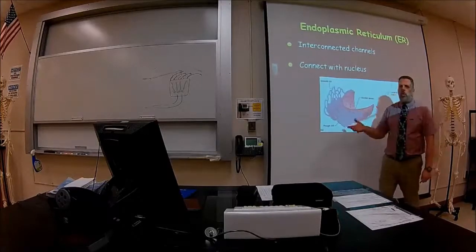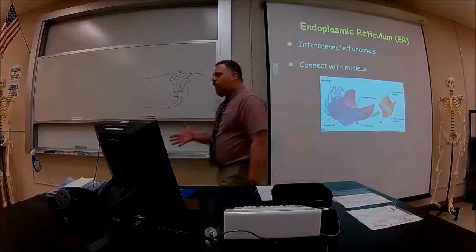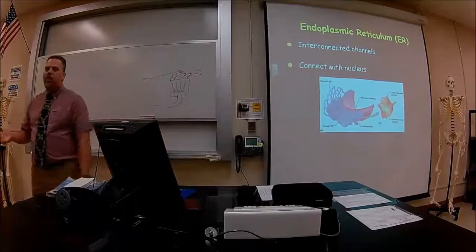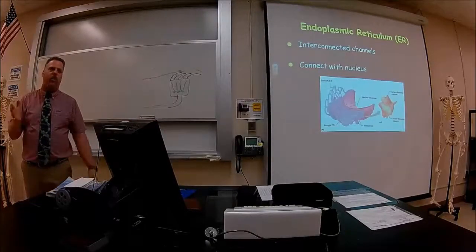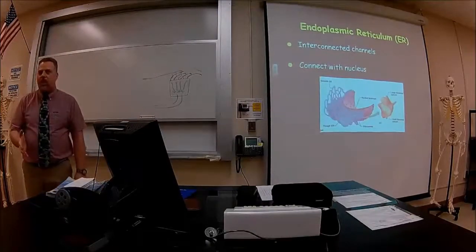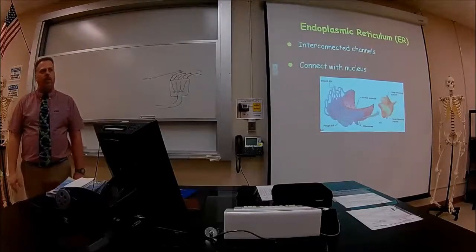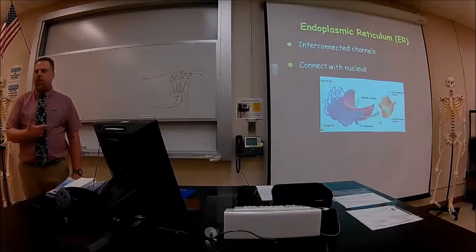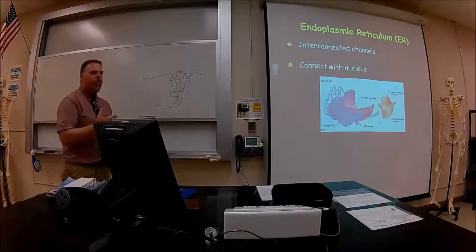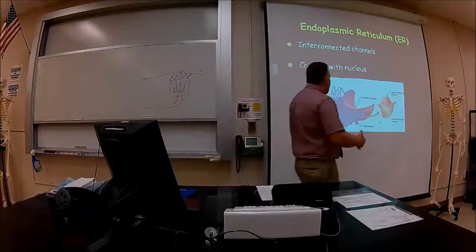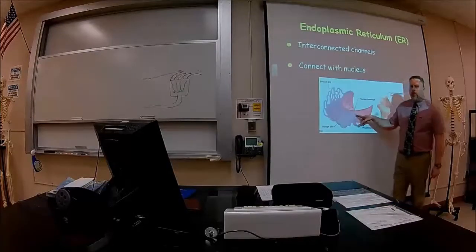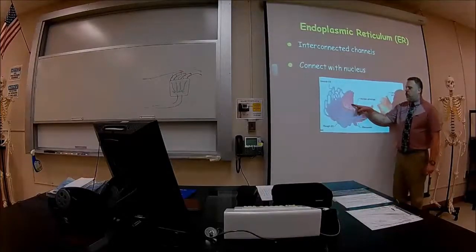It's like any road in the United States. Somehow it's all connected to Washington, D.C. Even Alaska, I wouldn't say Hawaii, but even Alaska is somehow connected by roads that are going to lead to Washington, D.C. Right? So that's the same way. All the roads, all the endoplasmic reticulum, somehow, God bless you, is connected to the nucleus.